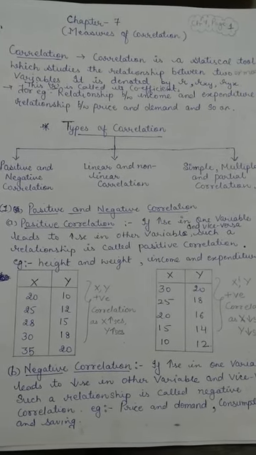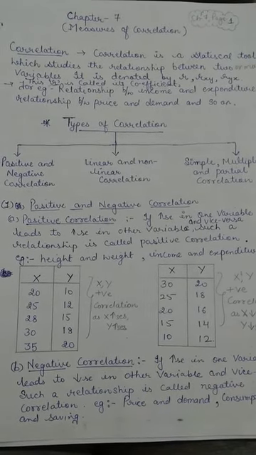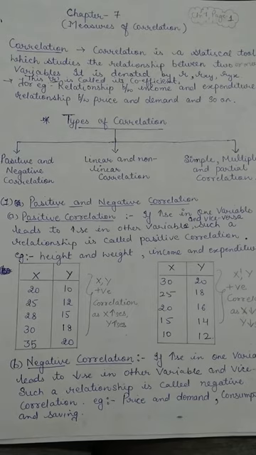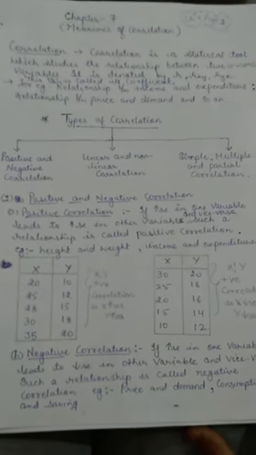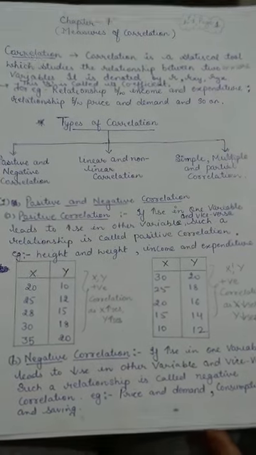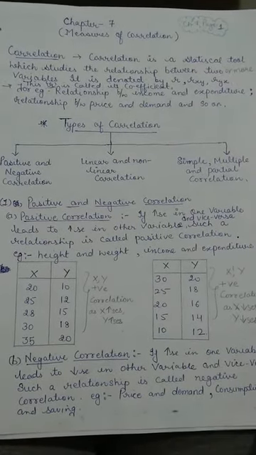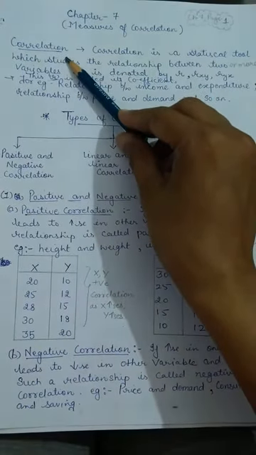Now we are on chapter 7, and it is your third lecture on chapter 7, measures of correlation. I just want to introduce you to the topics we have already completed. Till now we have completed the meaning of correlation.